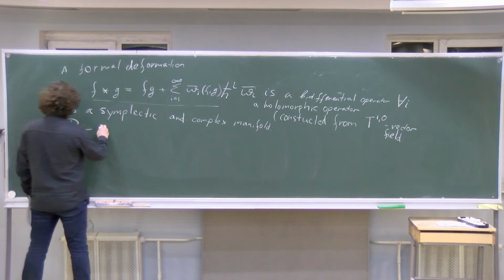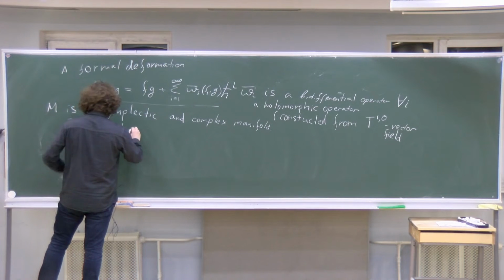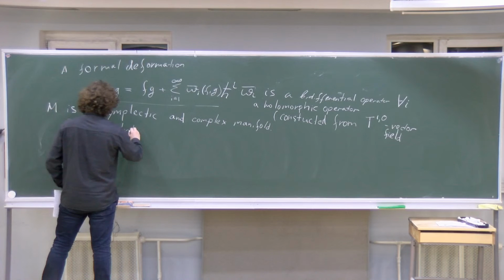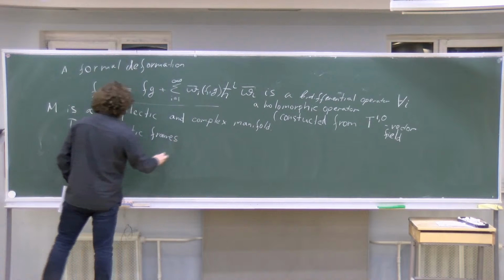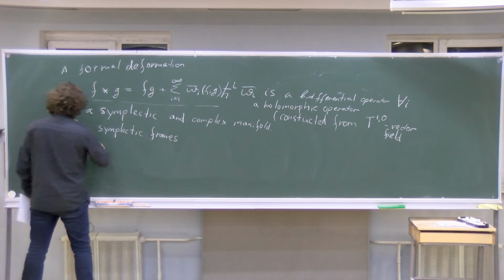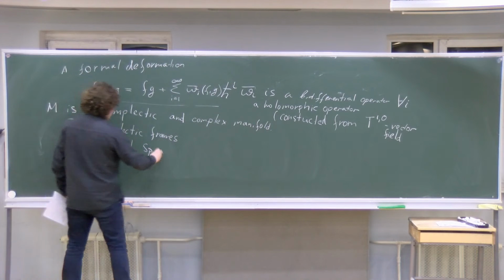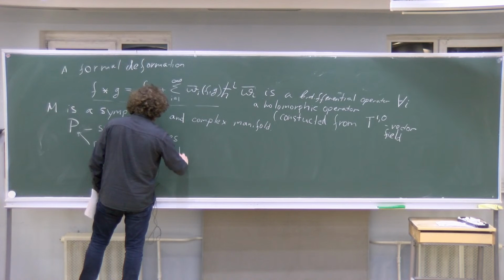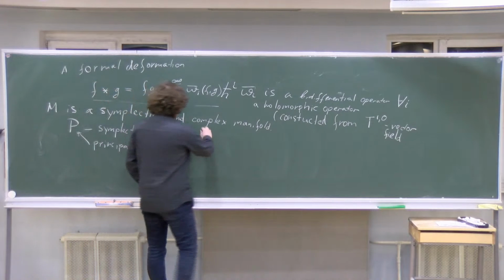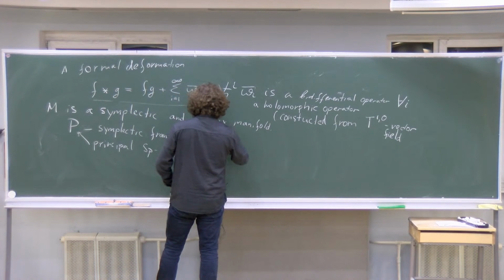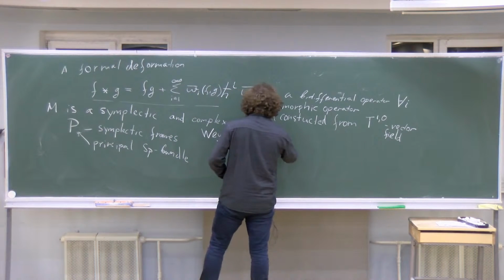Let P be a symplectic frames bundle. In other words, it is a principal Sp bundle, but we are going to discuss the so-called Weyl bundle, which looks this way.